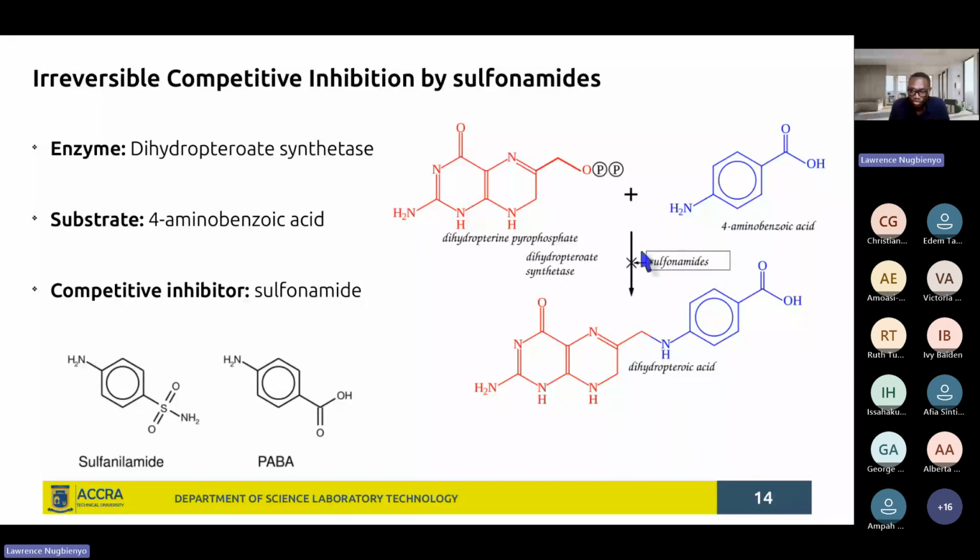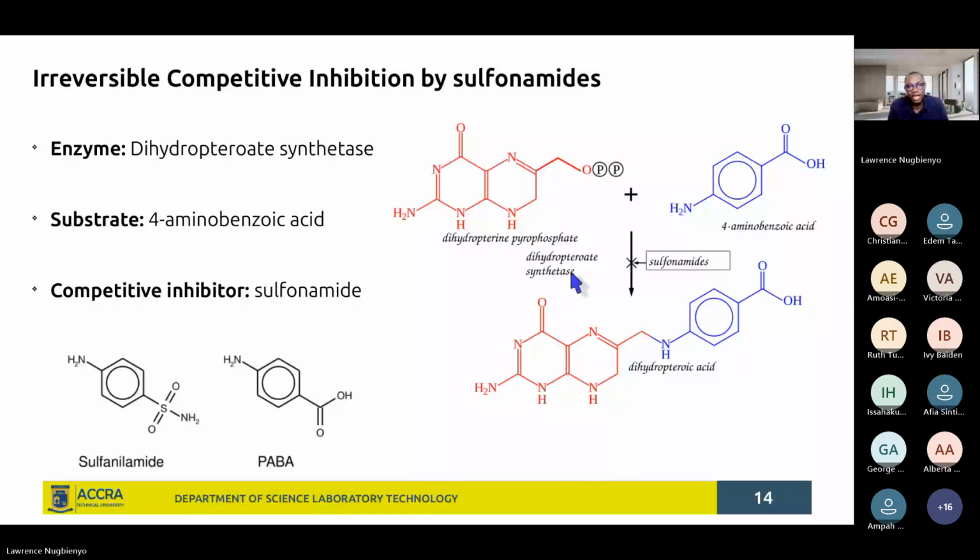And so you see there's a cross on that arrow showing that sulfonamides act as inhibitors of that reaction. And specifically, sulfonamides act as inhibitors to this enzyme, dihydropteroate synthetase, because that is the enzyme which is catalyzing the reaction.